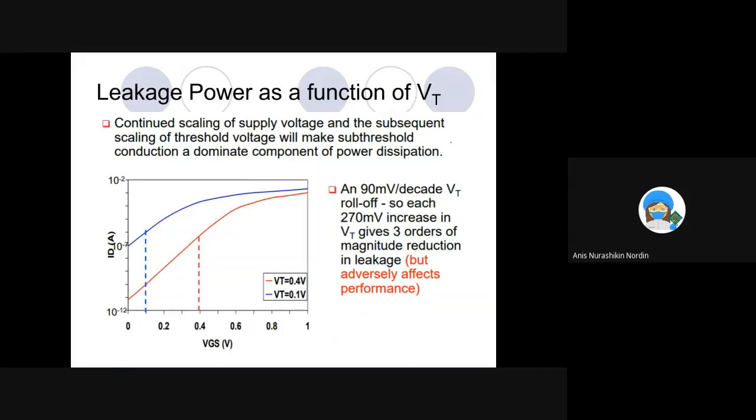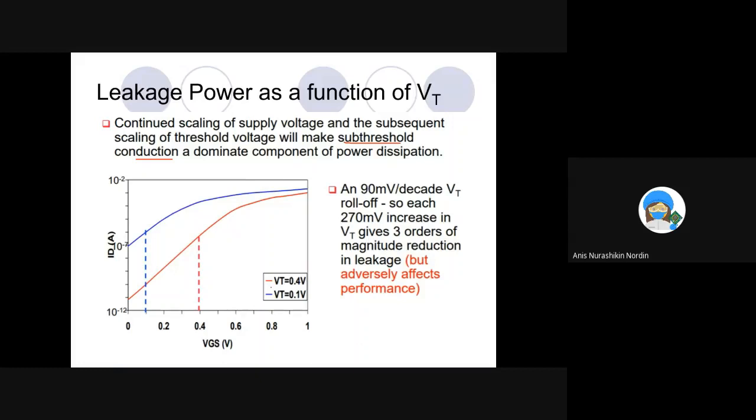It means when you are reducing the supply voltage, right? And when you reduce the supply voltage, let's say from 3 volts to 1 volt, you must also reduce the threshold voltage. When you reduce the threshold voltage, you make the transistor smaller. It will make it easy for the sub-threshold current to occur. And this will be a dominant component in the power dissipation.